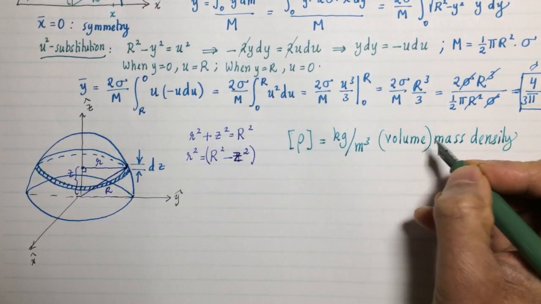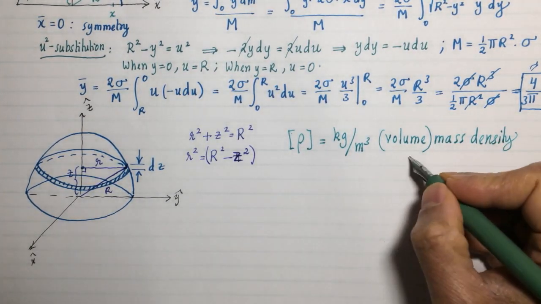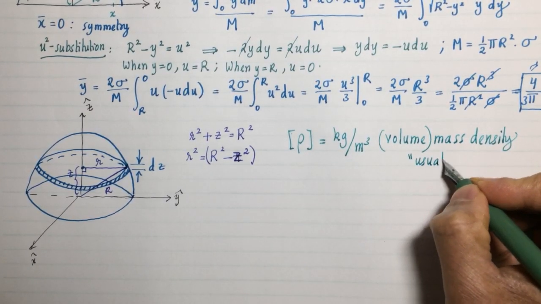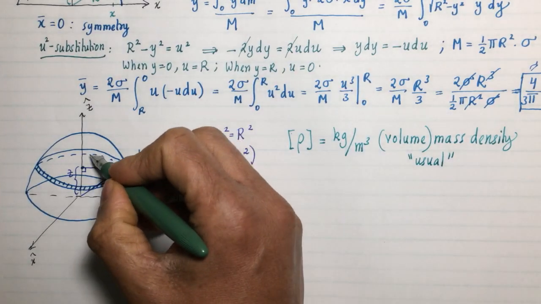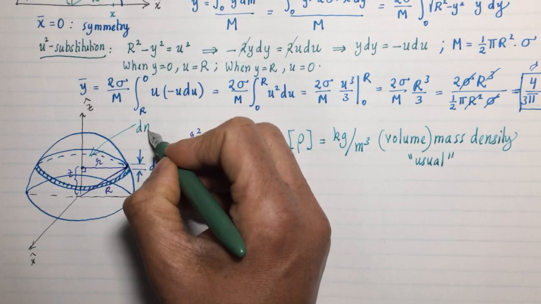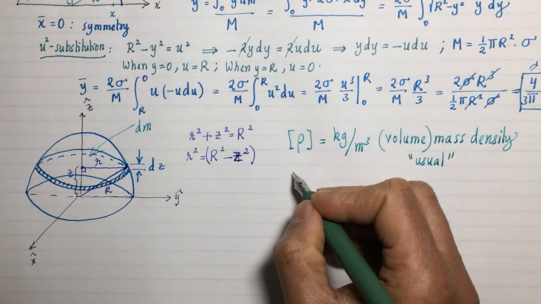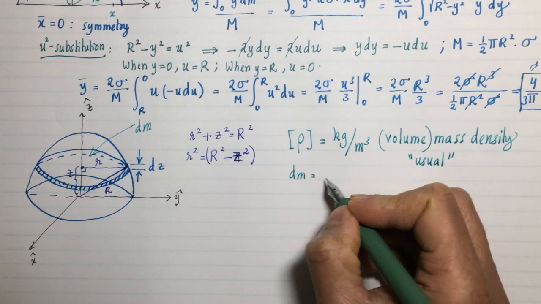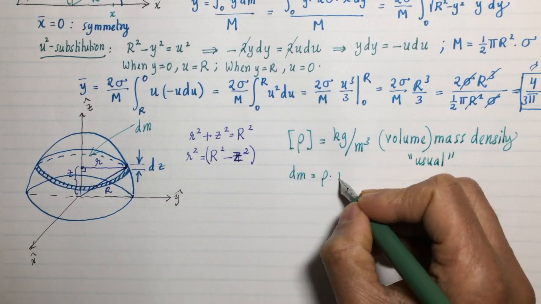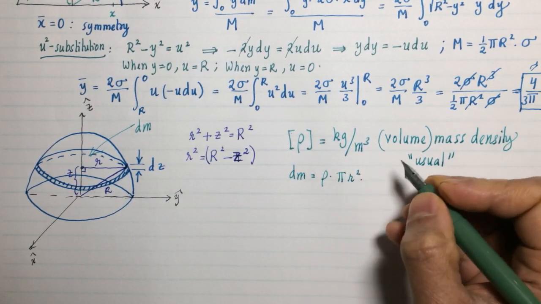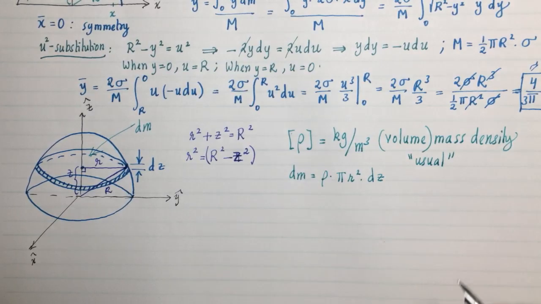Now I'll put the volume in parentheses because it's the usual meaning of density. The dm would be the mass of this disk element, so let's write that down. dm is going to be rho times the volume. The volume is the area of the disk, which is pi little r squared, times the thickness, dz.